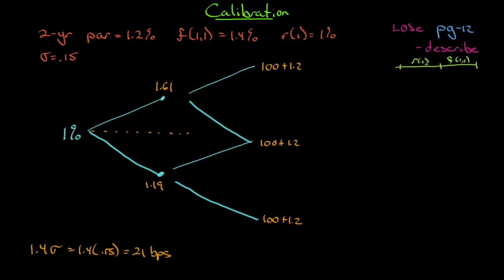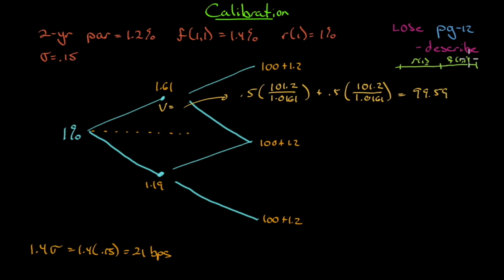So let's begin. We need a value over here. V equals, and of course it's 0.5 times 101.2 over 1.0161 plus 0.5 of this root, 101.2 over the same discount, 1.0161, and that'll give us 99.596496.